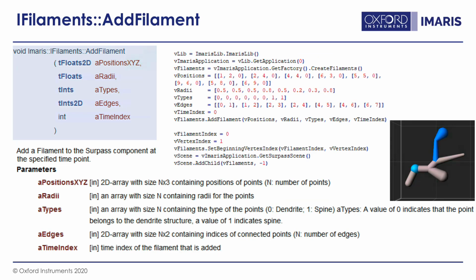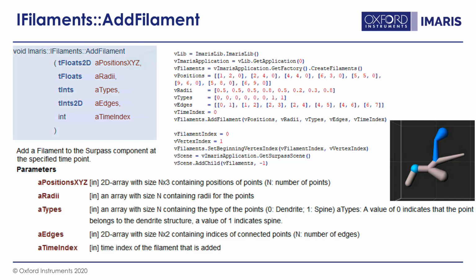A slightly more sophisticated example, or a more complex method, is for the filament object. A filament is basically a tree structure with 2 different types of nodes. To generate a filament, you can use the iFilaments AddFilament method.